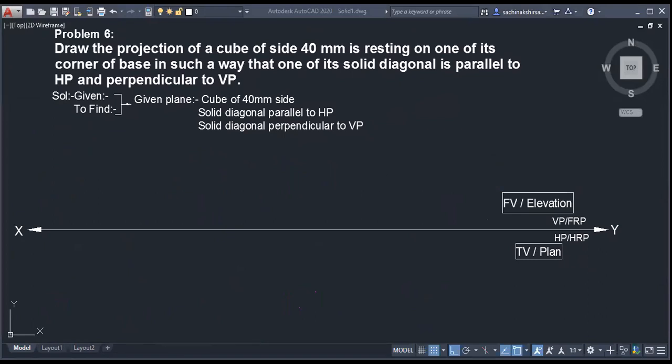Ritesh, roll number 30. Shivaji Laute. Roll number 56.